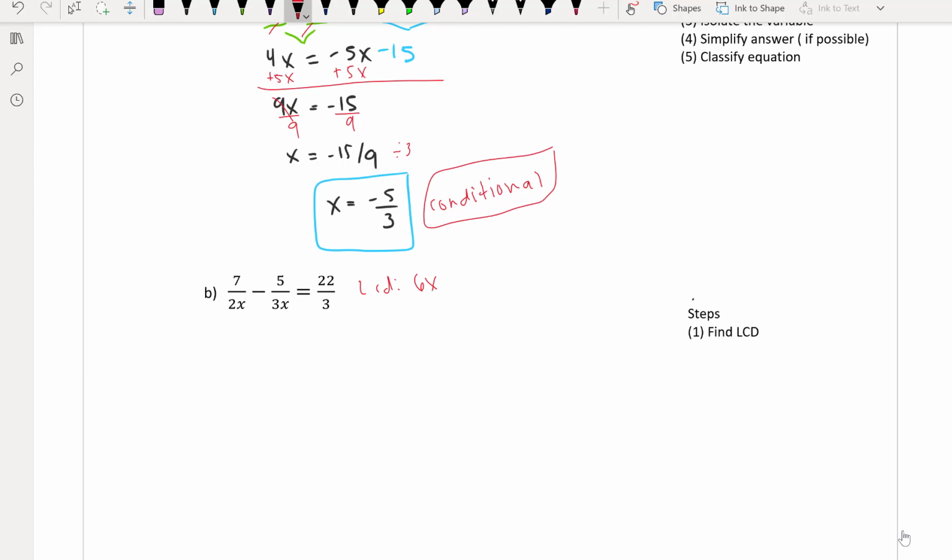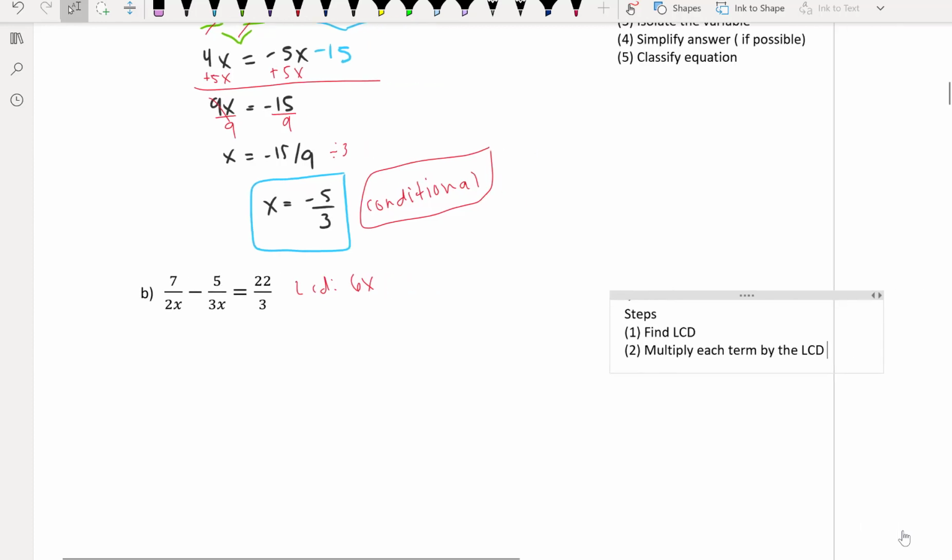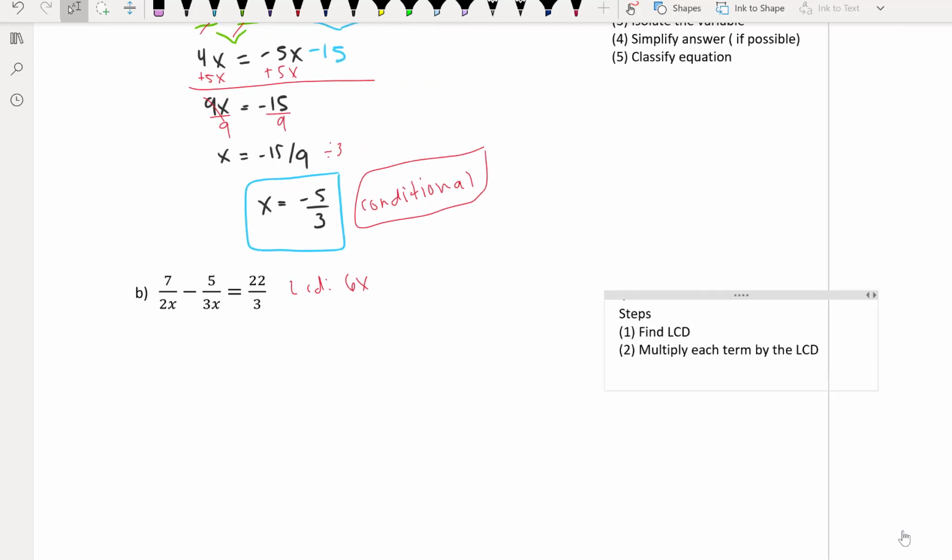So now that I found my LCD, I'm going to get rid of the fraction by multiplying everything by the LCD. And the reason you do that is so that you can get rid of the fraction.